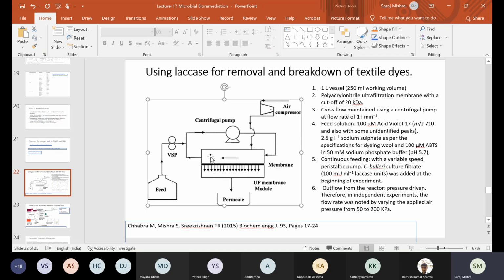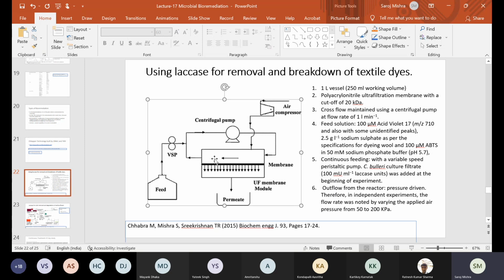The residence time is important because it allows the enzyme and the feed to make contact for a certain period of time. If the flow rate is very high, then the residence time is going to be small. If the flow rate is slow, then the residence time is going to be more. So through a variable speed pump, the feed is passed into the membrane reactor, what you see here.